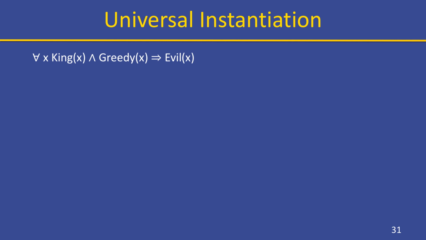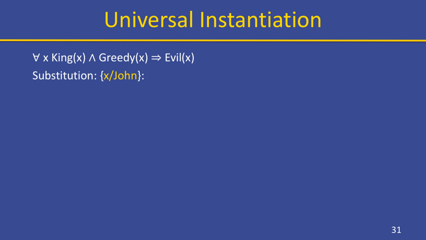And here's another example of universal instantiation. Consider the universally quantified sentence: for all x, king x and greedy x implies evil x. Let's substitute x with John. Let's apply the substitution, x by John, to that universally quantified sentence.